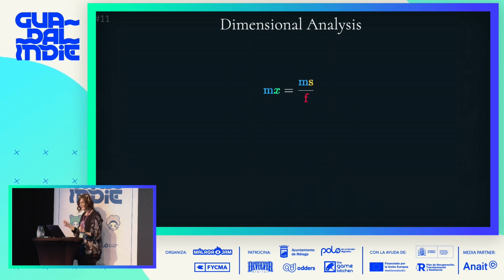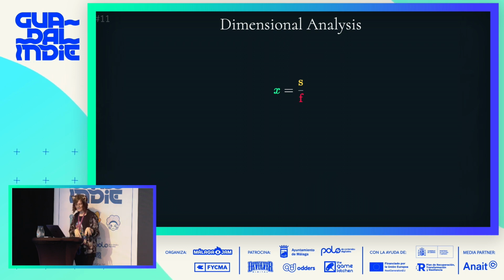So now we have meter seconds divided by frames. And then we divide both sides by meters. So now we have meter seconds divided by meter frames. And the meters cancel out. And so our conversion factor is in units of seconds per frame. Now, you might recognize seconds per frame.